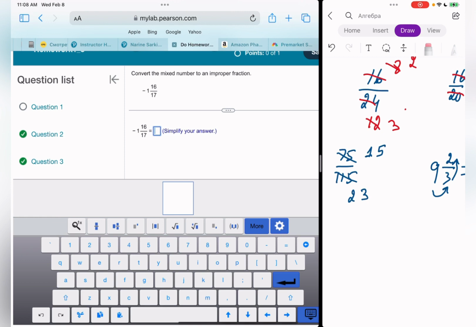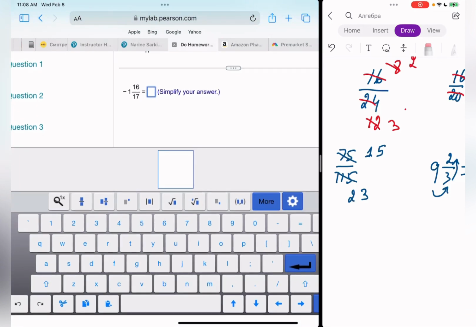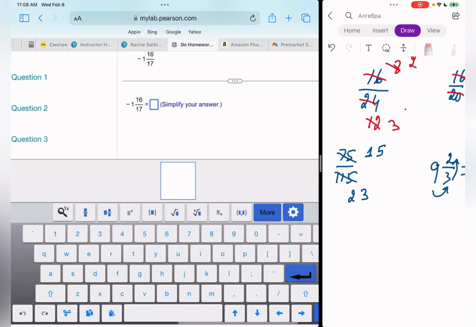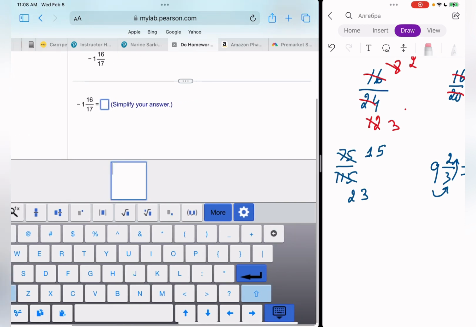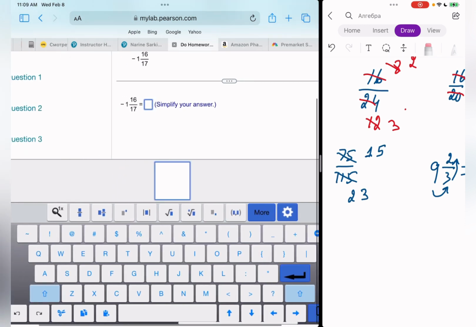Let me see, where is my negative? I have to change, it looks like here. Will this be negative? No. Where is my negative? Okay, this is not it.